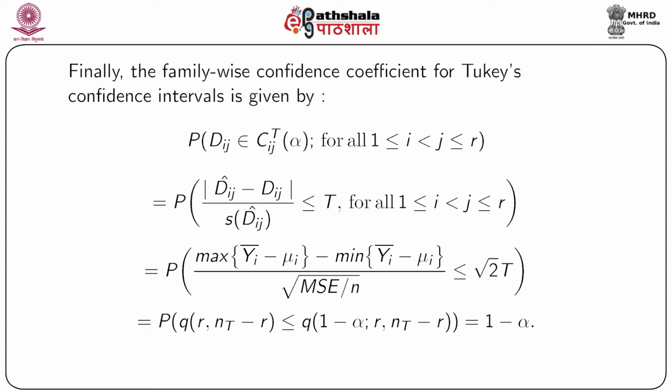This finally gives us the probability of the studentized range distribution Q with degrees of freedom r, nt minus r less than or equal to q of 1 minus alpha with degrees of freedom r, nt minus r, equals 1 minus alpha.